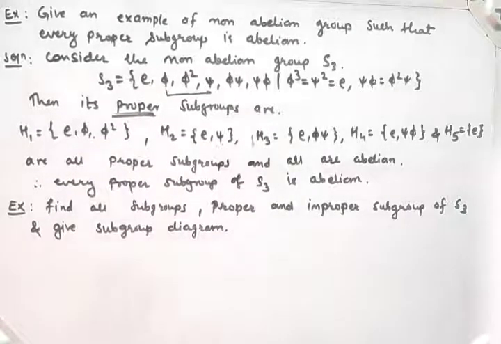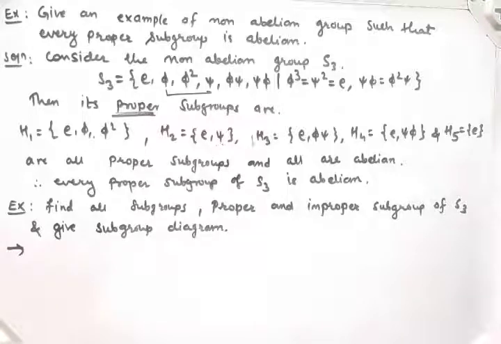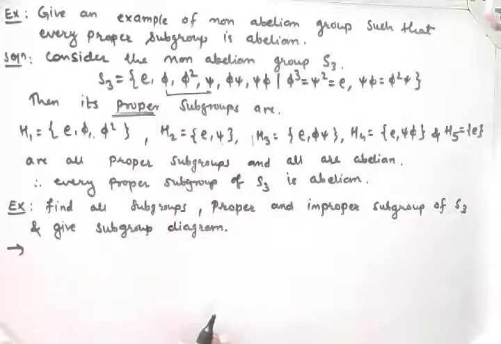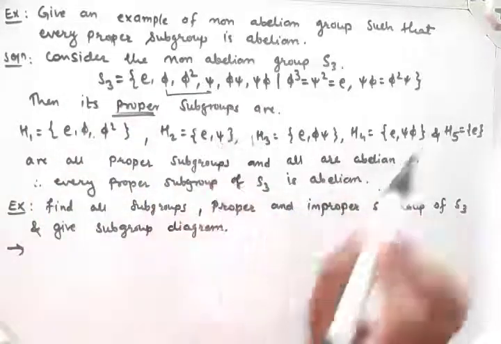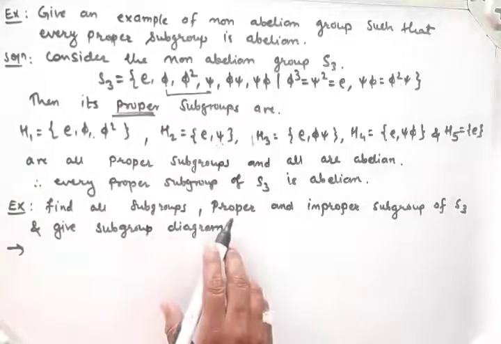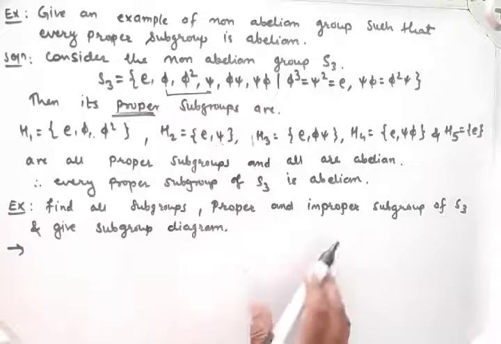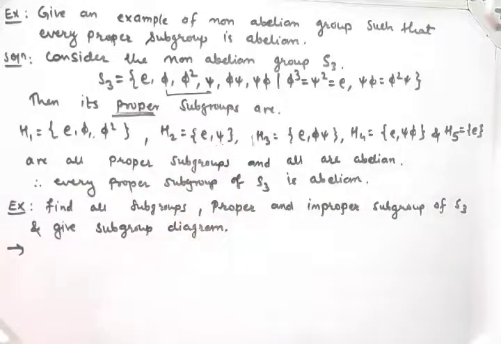Here H1, H2, H3 and H4 are proper subgroups. H5, which is the identity, and S3 are trivial subgroups, right? So in total there are 6 subgroups.